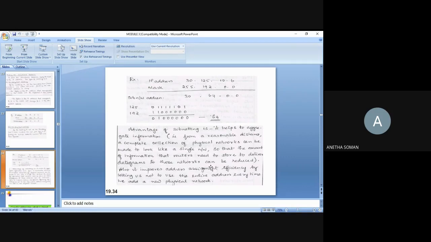How do you do the AND operation? You consider the corresponding binary values of 125 and 192, and you do the AND operation. Once you do the AND operation, the value you get is 64.